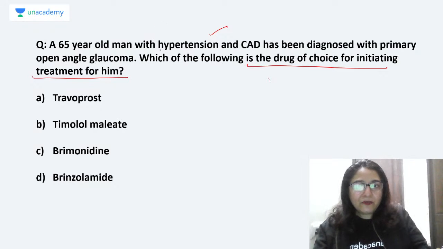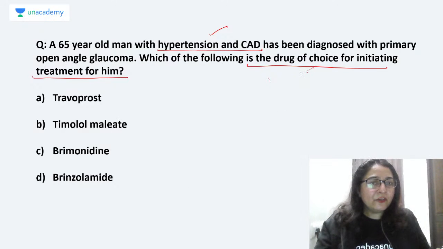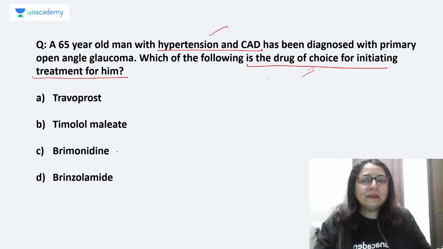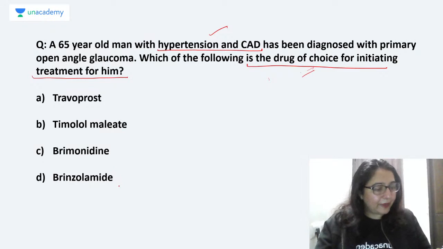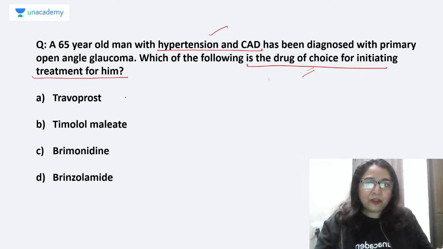So here we have a history of hypertension and coronary artery disease. What is the drug of choice out of these? Travoprost, timolol maleate, brimonidine, brinzolamide.